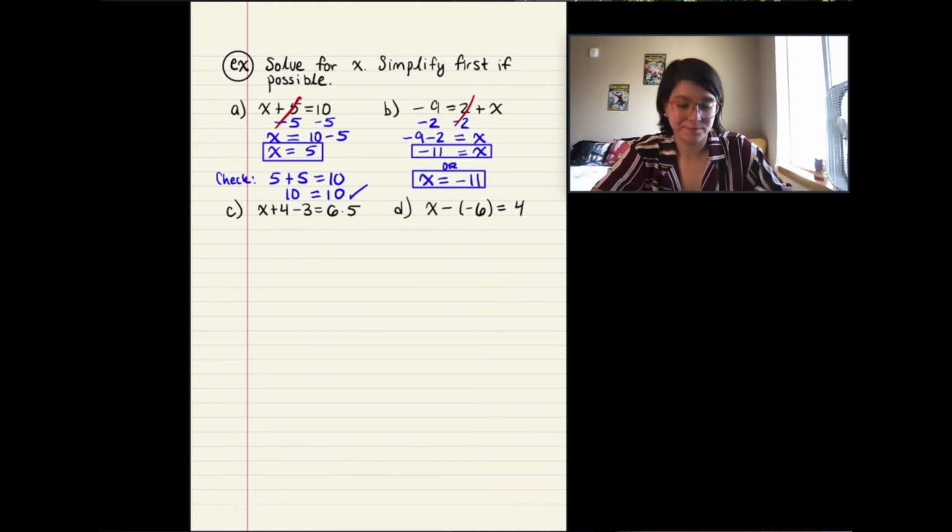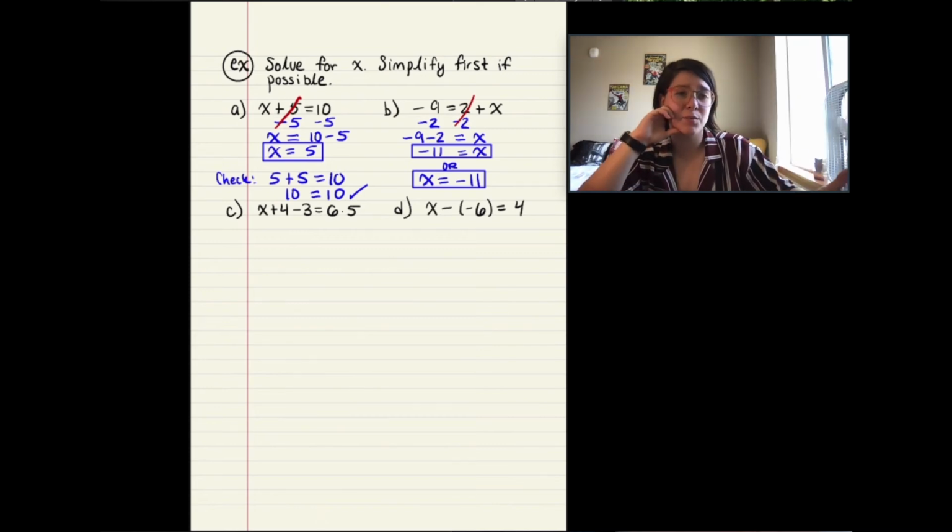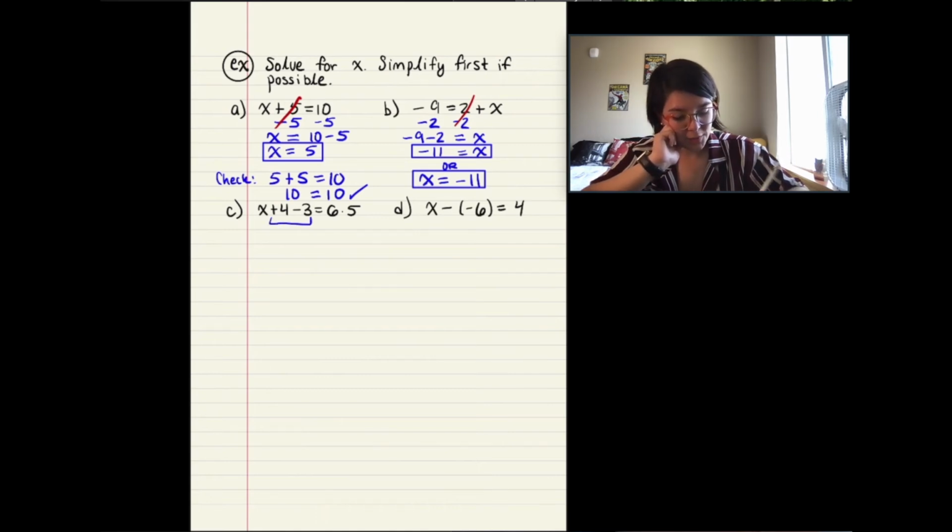Either way is fine. All right, so for example C, this one is not as simple as the other ones because it has x plus 4 minus 3 on the left, and on the right it has 6 times 5. So this is where this statement, simplify first if possible, comes in handy.